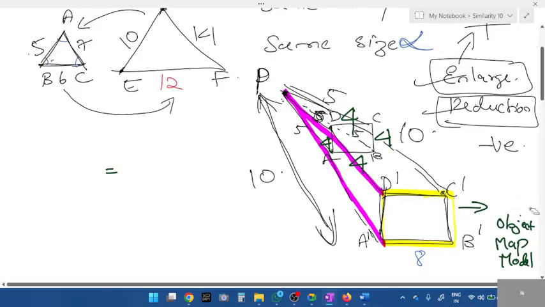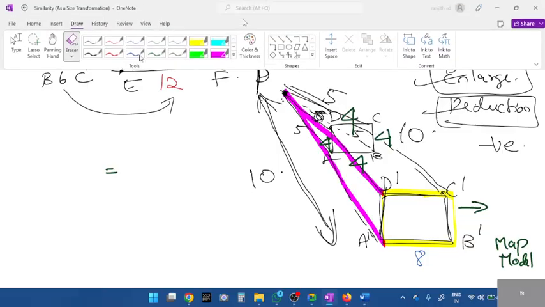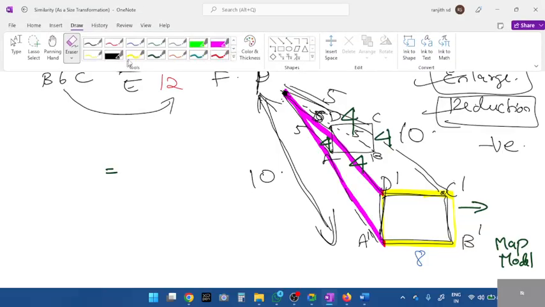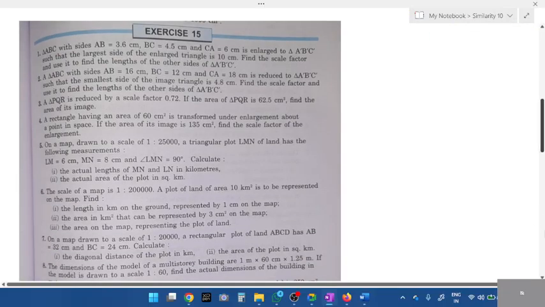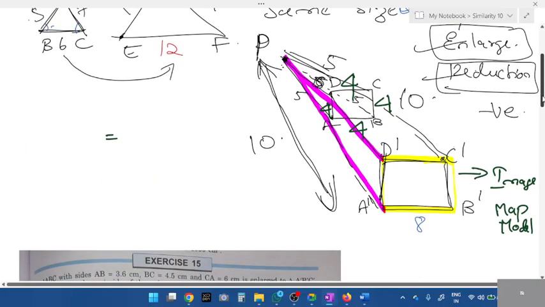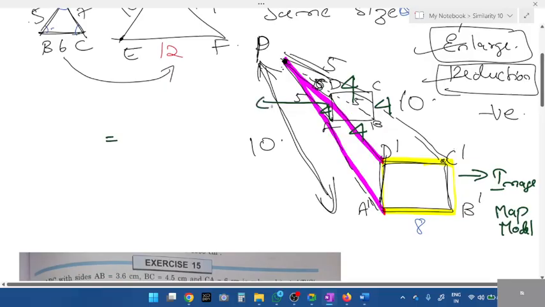Image, map or model. These are the three names, students. The original diagram, we take it as object or pre-image.